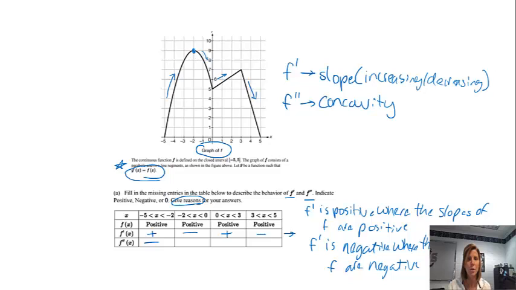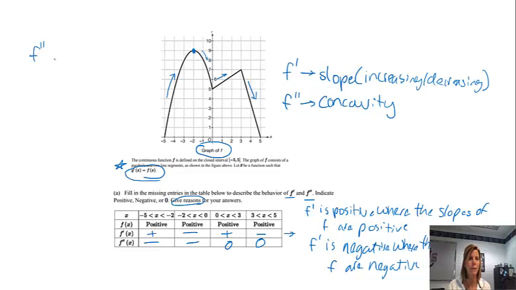And then from -2 to 0, I'm still concave down like a frown, so f double prime will be negative. From 0 to 3, there is no curvature at all, so the concavity will be 0. And same thing from 3 to 5, there is no curvature at all, so the concavity would be 0.